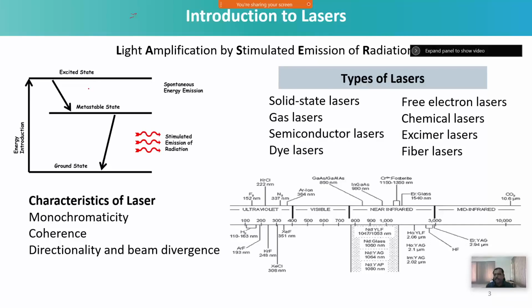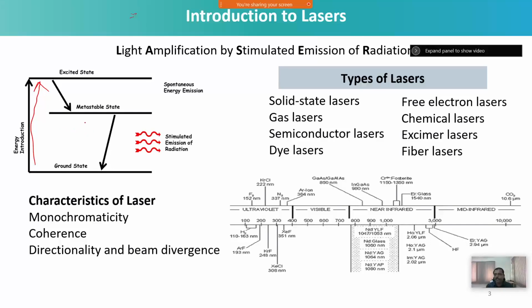And in order to realize the laser light, you need to excite the atoms available in the laser medium, and depending upon the medium, you need some kind of excitation source to excite the atoms. That is what is given in the different energy levels. If you excite the atom, it will jump to a higher energy state or some metastable state, and it cannot hold in that energy state for a long time.